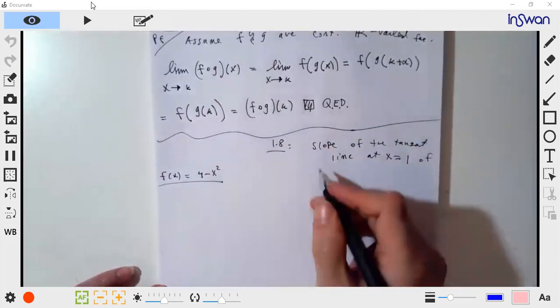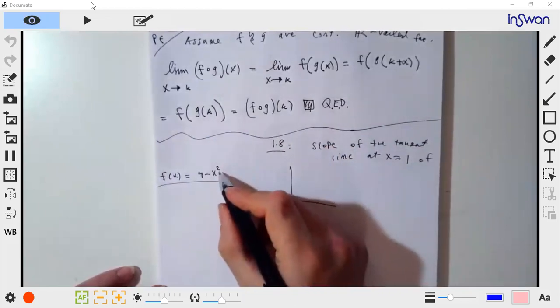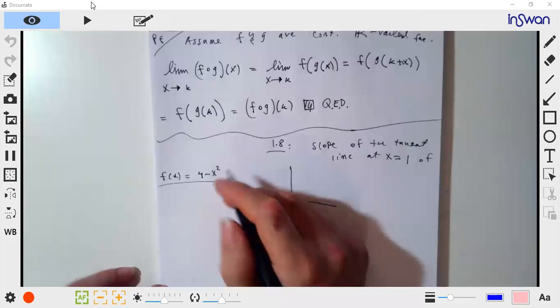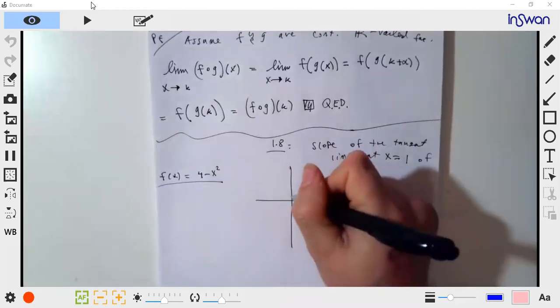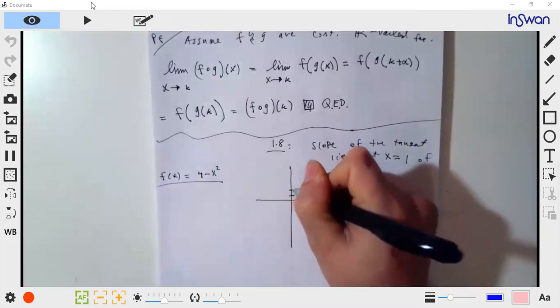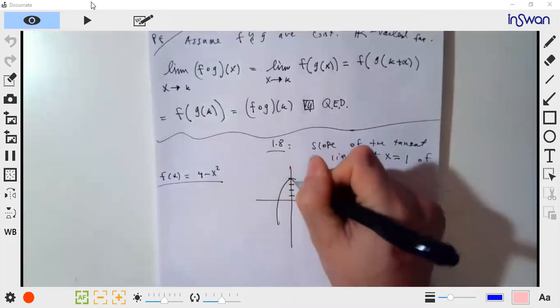What is this function? Well, when we graph it, notice it's a quadratic function, has an x squared in it, but it's a minus. So that means it's a parabola that opens down. And that 4 gives it a vertical shift of 1, 2, 3, 4, and it opens down like so.